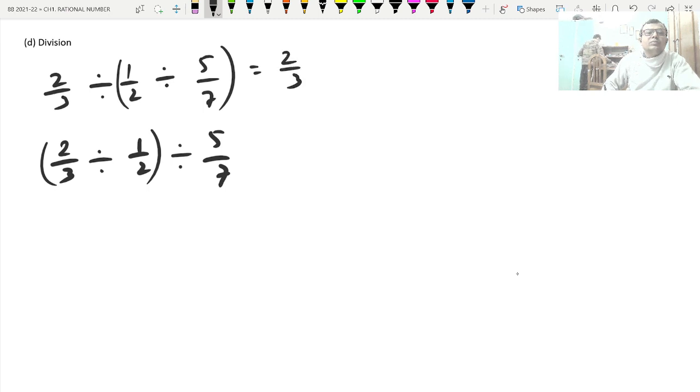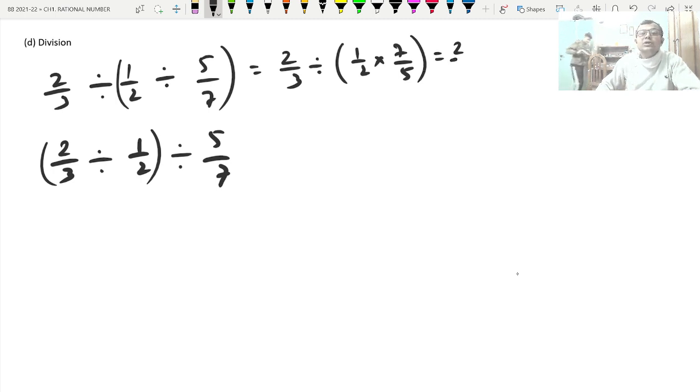Okay, it is 2 by 3 divided by this, which can be written as 1 by 2 into 7 by 5. Alright, so it is 2 by 3 divided by 7 by 10. We can write this as 2 by 3 into 10 by 7. So 20 by 21.